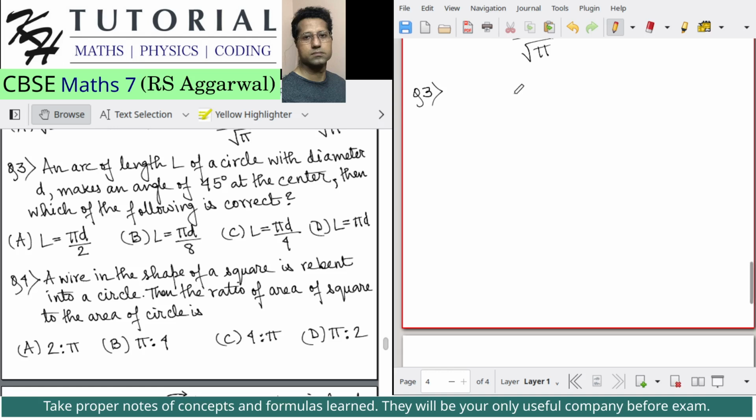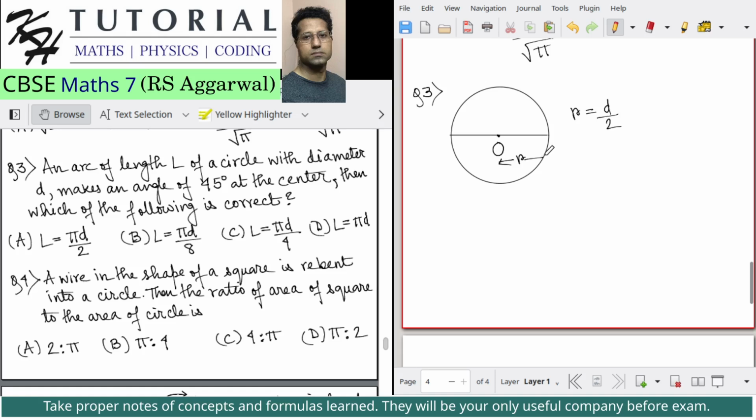So what is the scenario? We have a circle. With the diameter d, let's say this is the center of the circle O, and this is d. So if diameter is d, then definitely the radius will be d by 2. So let's say this is the radius r.